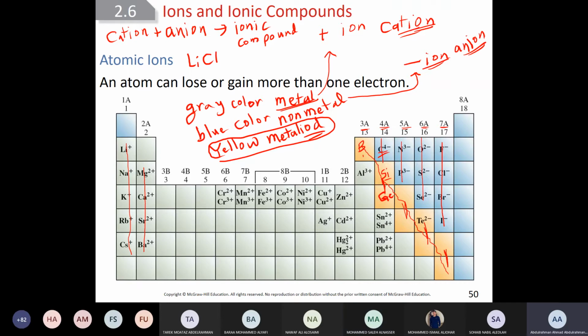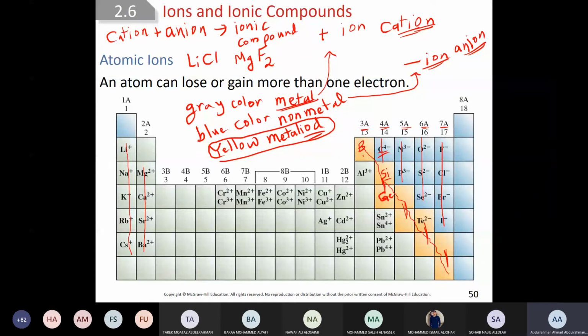But if I have Mg with fluorine, what should I have? 1:2. So what should I write in here? Mg, and I don't have to write 1. MgF2. Is this clear? Yes. I hope so.